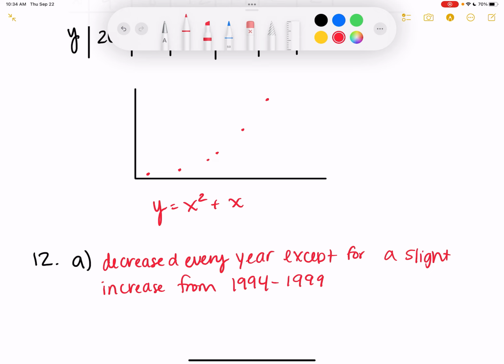So then, in what 5-year interval did the percentage of men who were employed change the most? I think that would be 1969 to 1974. Are you sure that's the biggest gap? Wait. The gap? What, 5 years? Basically, the difference from like 54 to 59, that was a difference of, what is that, 1.2?